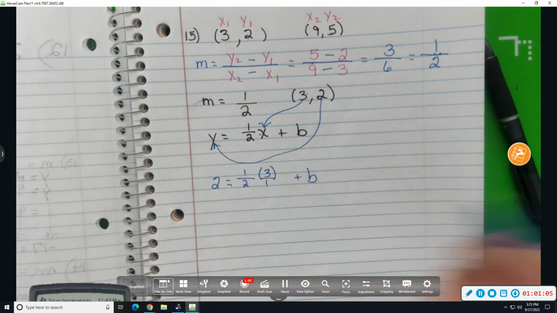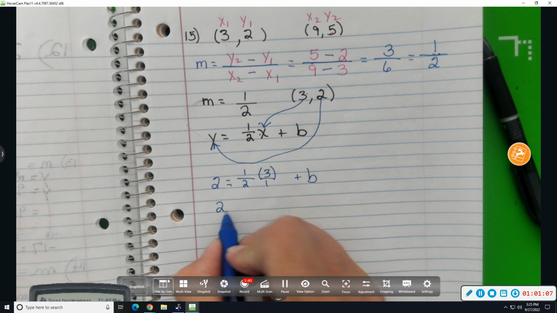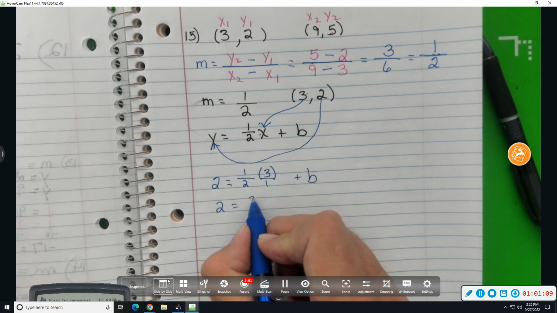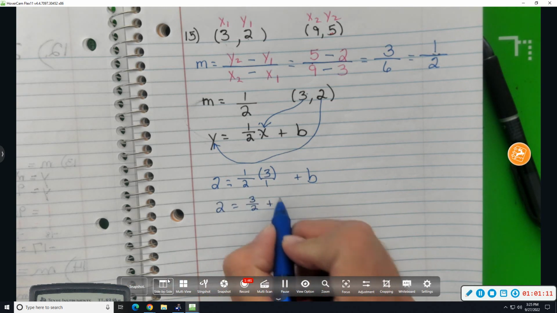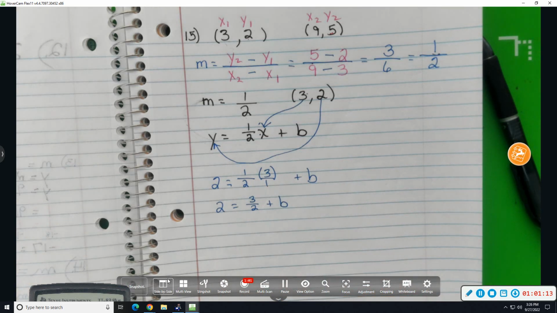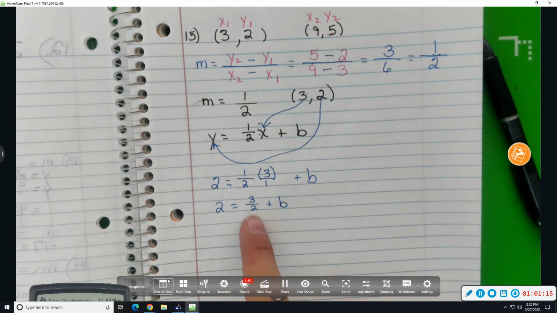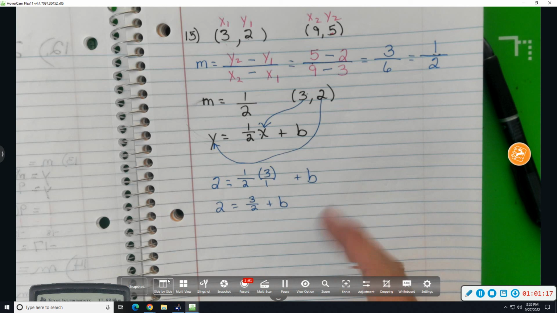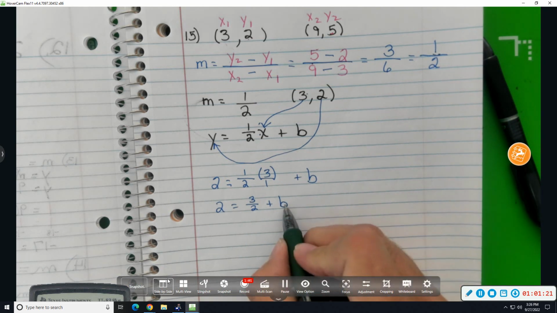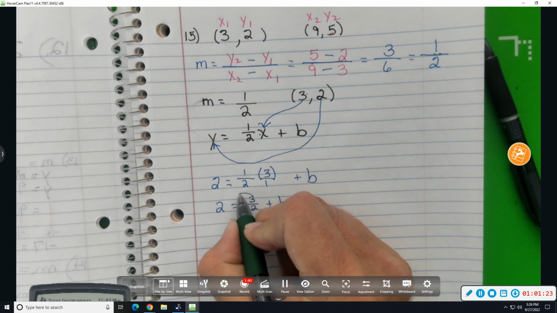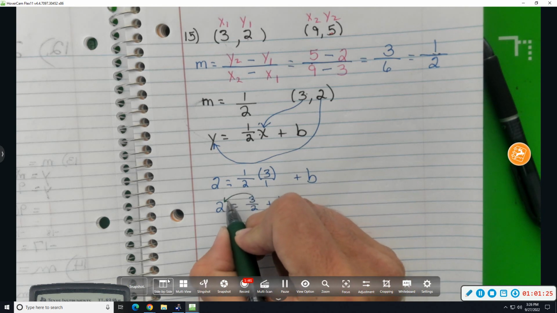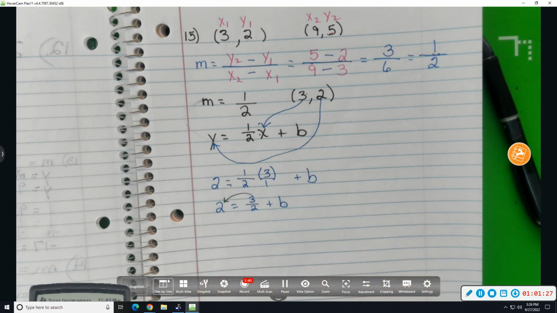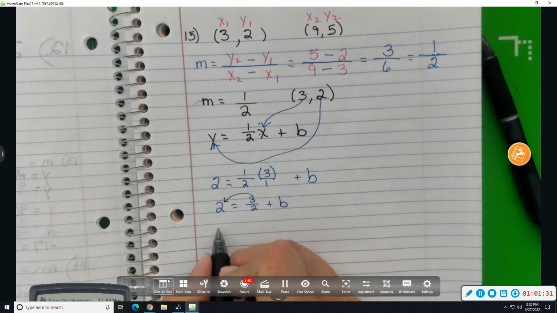Thinking of that 3 as 3 over 1, it's 2 equals 3/2 plus b. If you want to multiply through by this bottom 2 to get rid of the fraction, or if you just want to get the b by itself, subtract the 3 over 2. Remind him how to do it by hand first.